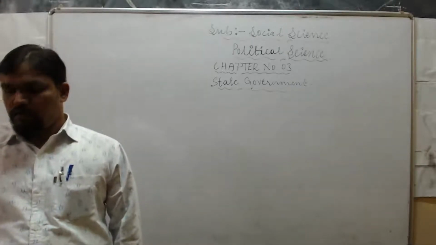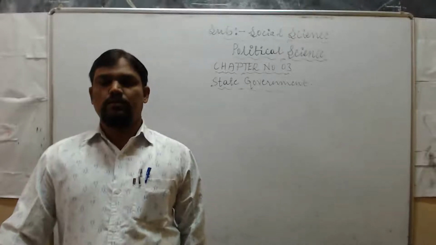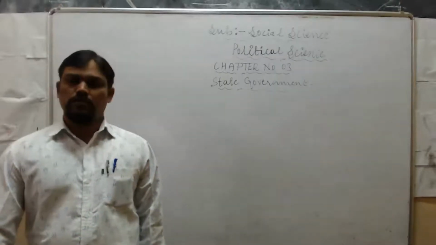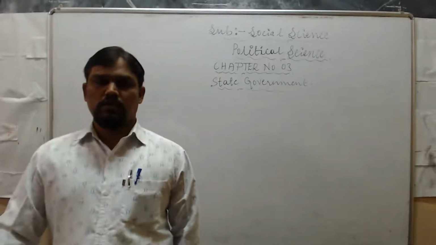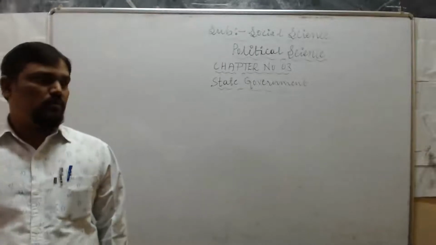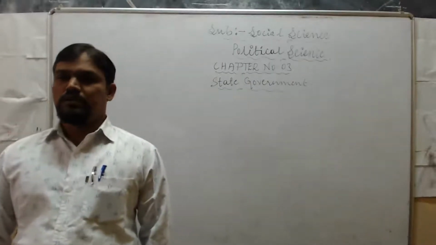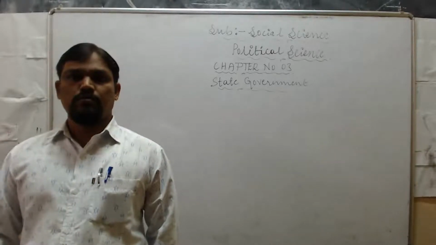So what are the qualifications required to become MLCs? At the union level, there are MPs, members of parliament, but at the state level, there are MLAs. MLA means member of legislative assembly, but MLC means member of legislative council.